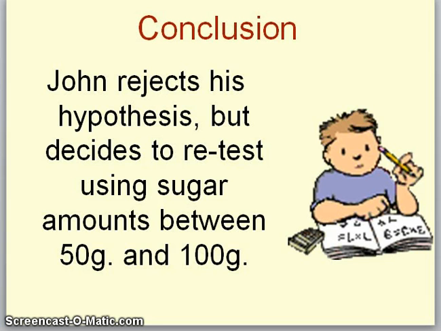But when he rejects this, he does a very important thing here. He says, you know what, I think I'm going to retest it because of that closeness between those 50 and 100 grams that we showed you. So he's going to do this experiment again and only test numbers between 50 and 100.